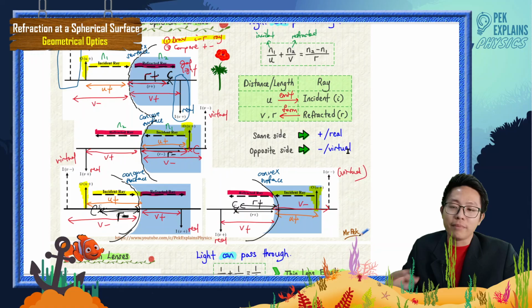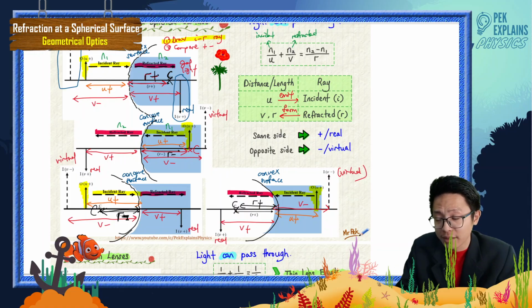People memorize this: convex surface must be R positive, concave surface must be R negative. But if I ask you to explain why, you cannot explain because you don't know the concept.